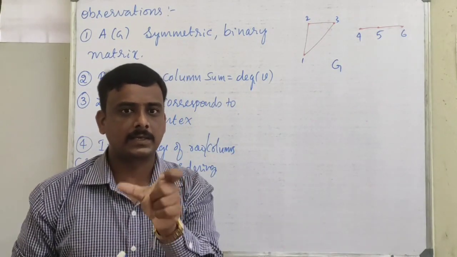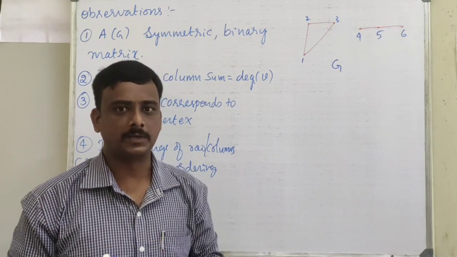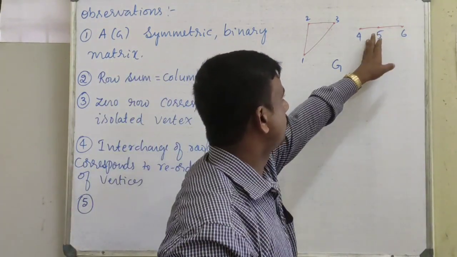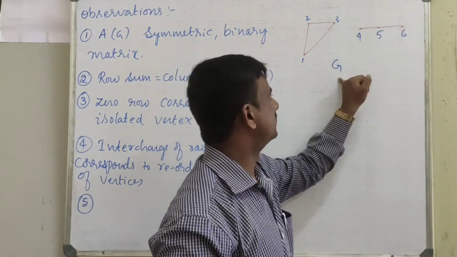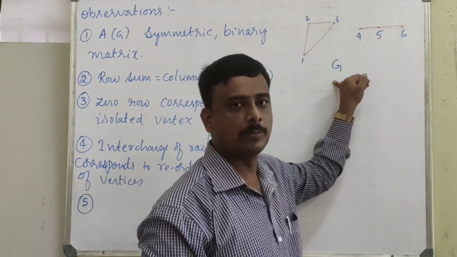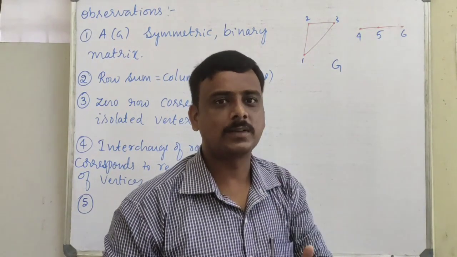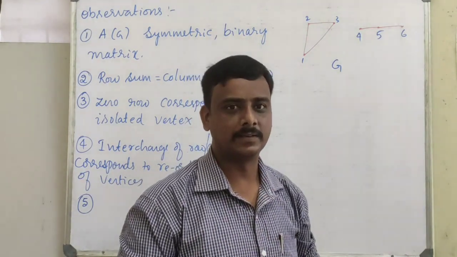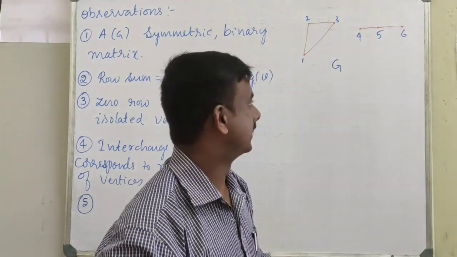So any connected subgraph of a disconnected graph is called a component. This is one component of G and this is the second component of G. If a graph has only one component, then it is connected. If it has two or more components, then it is disconnected.